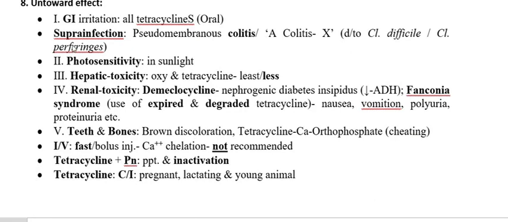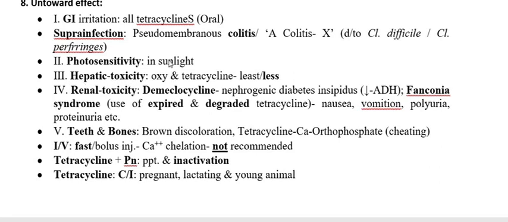So this is when the drug comes in the GI tract. So, GI irritation, and after the absorption, the drug reaches the liver. So in the liver, some of the tetracyclines are going to produce toxicity to the liver.